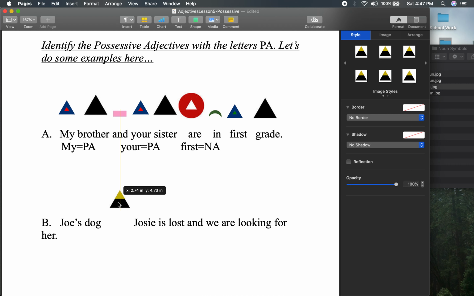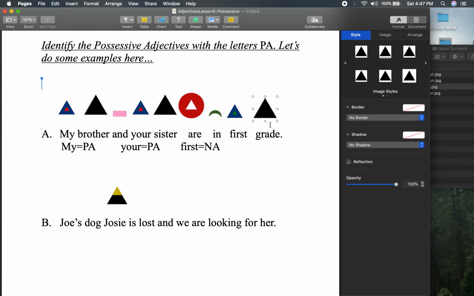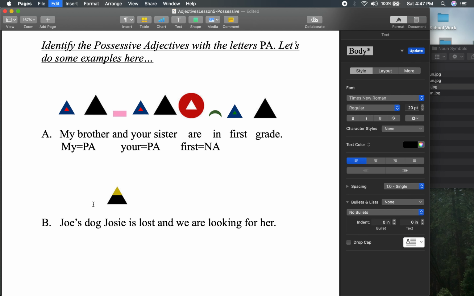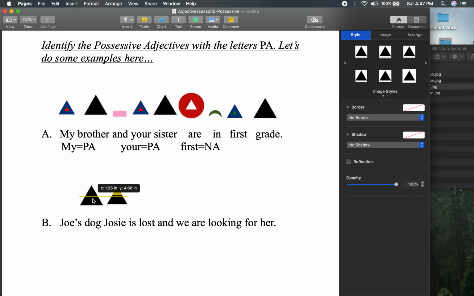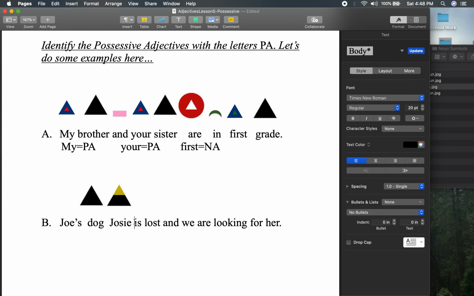I love using this time to teach. But I do have dog. Dog and Josie. When you have two nouns next to each other, it's called apposition a lot of times. And sometimes you have commas, sometimes you don't.